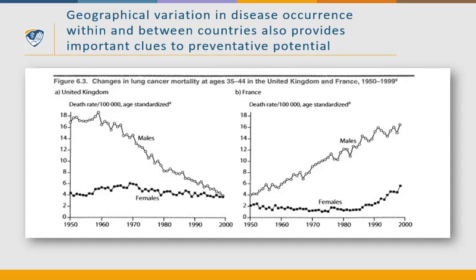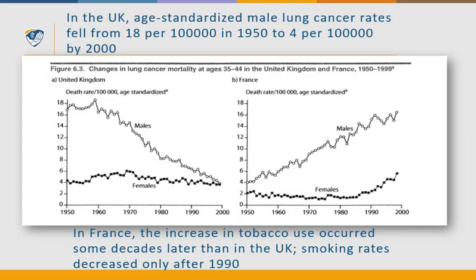And so what is potentially the cause of that or the result of that? Well, in France, there was an increase in tobacco use at the same time that there was a decrease occurring in males in the United Kingdom.